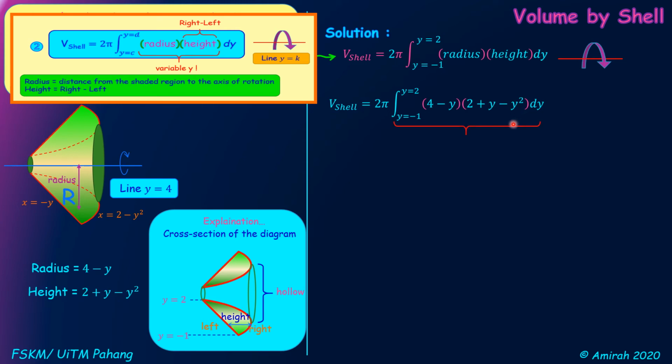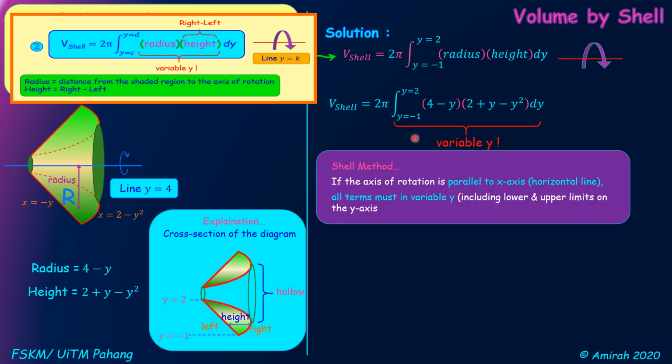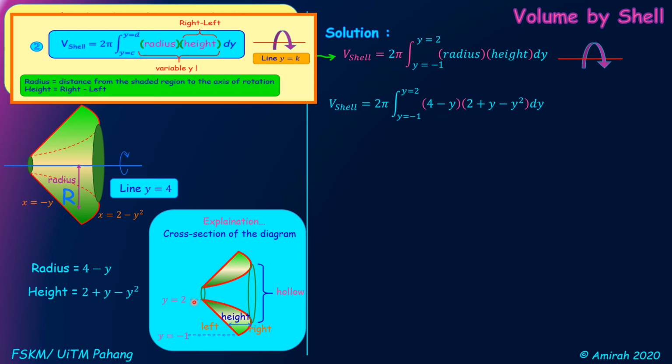You can see that everything is in terms of variable y, including the lower limit and upper limit. Under the shell method, if the axis of rotation is parallel to the x-axis, in other words a horizontal line, all terms must be in terms of variable y, and the limits must be on the y-axis.